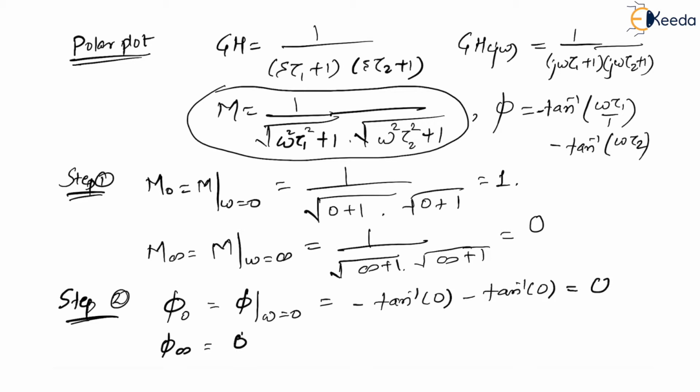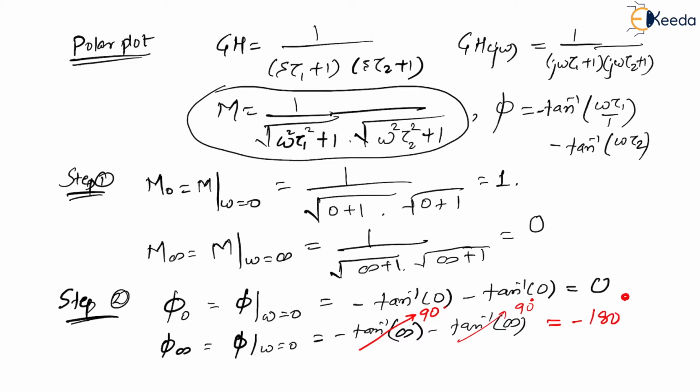Phi infinity is phi at omega equal to infinity, which is equal to minus tan inverse of infinity, minus tan inverse of infinity. Tan inverse of infinity is 90 degrees. So minus 90 minus 90, you get minus 180 degrees. Is that correct? Yes. What does this mean? Now step 3 is what?